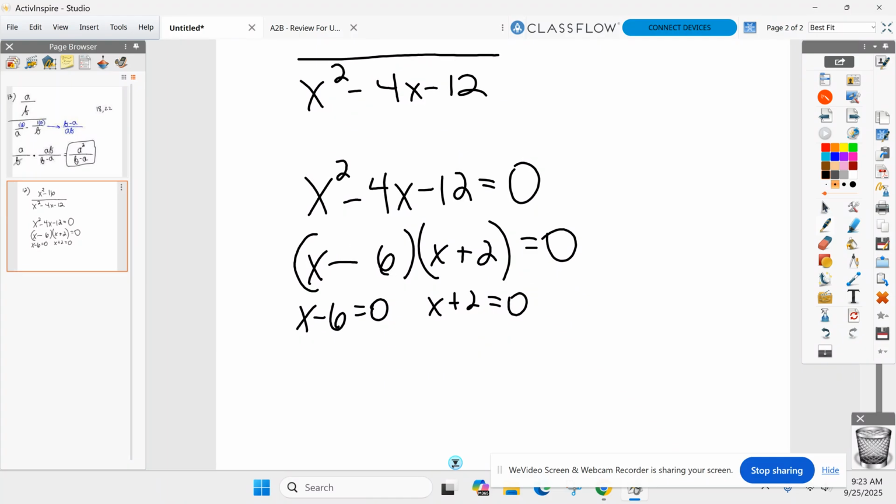And tell me what values make it undefined now. We got +6 and -2. Make them undefined. Undefined, denominator only. As cute as that numerator may look, don't touch it. Cross it out if you have to.